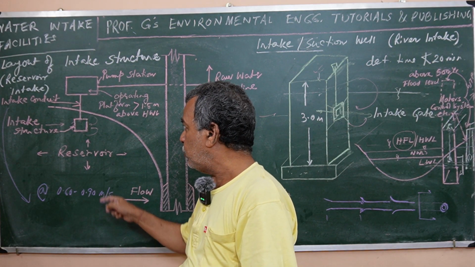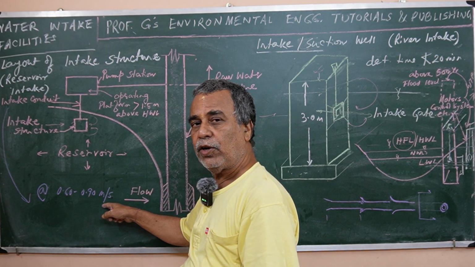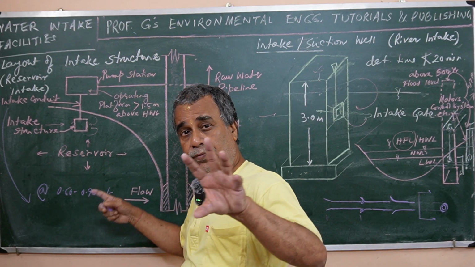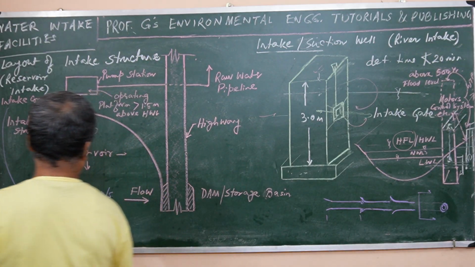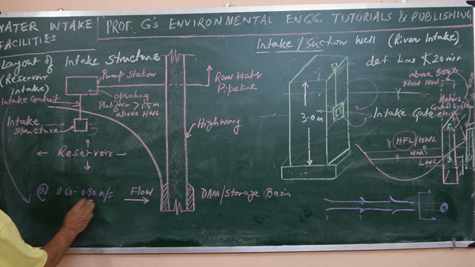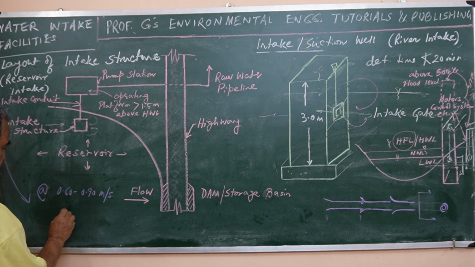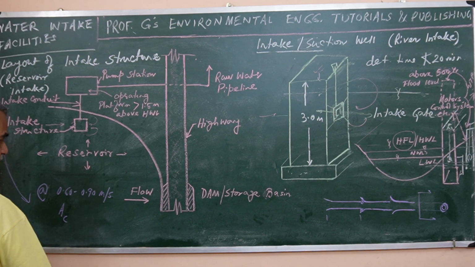The Q which you draw, divided by this velocity, will give you the cross-sectional area of the pipe. This is the area, AC, the cross-sectional area of the pipeline.